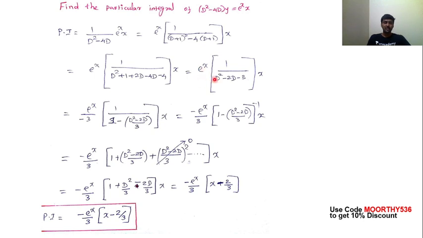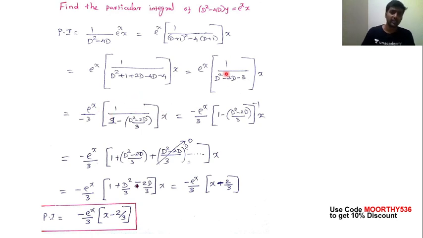So e power x into 1 divided by D square minus 2D minus 3 into x is equal to e power x into 1 divided by minus 3 into 1 minus (D square minus 2D) divided by 3, into x. This is the procedure here.